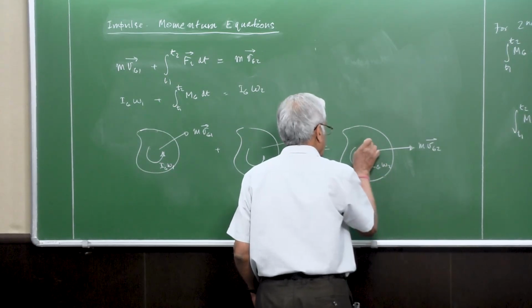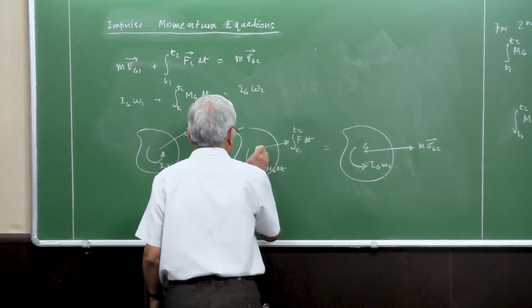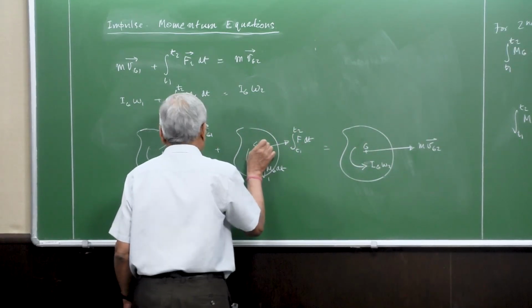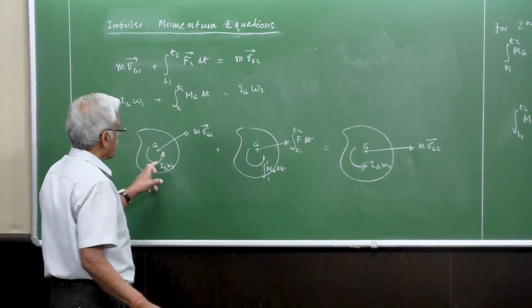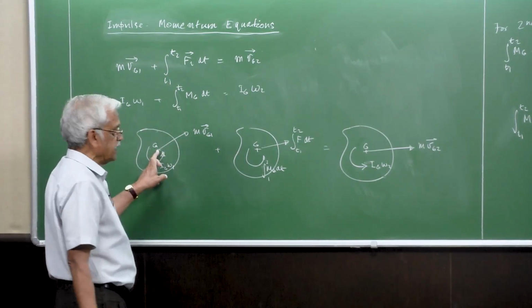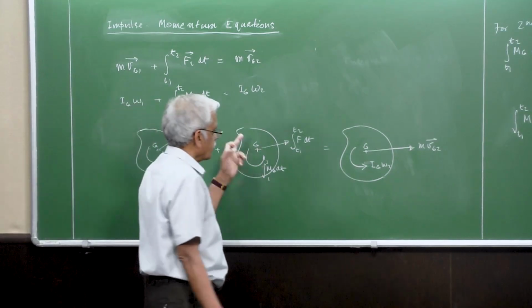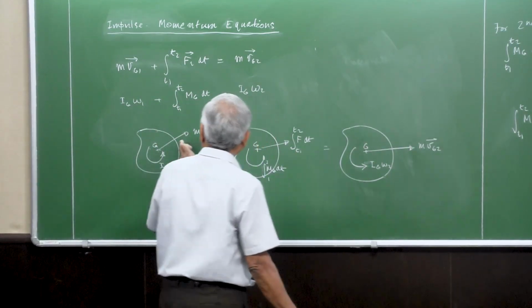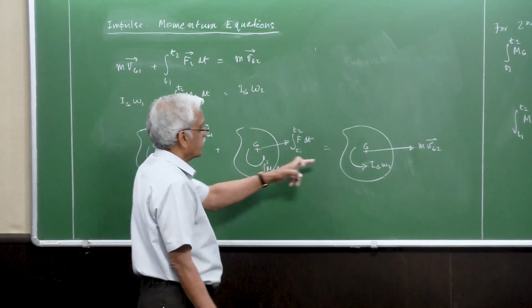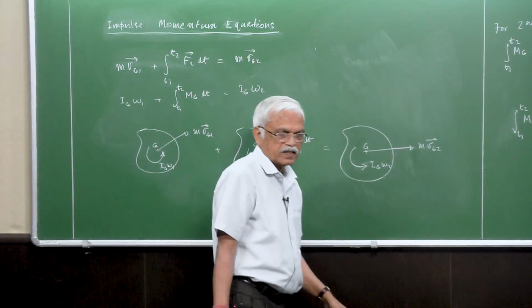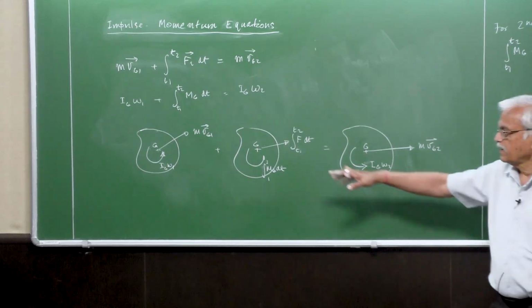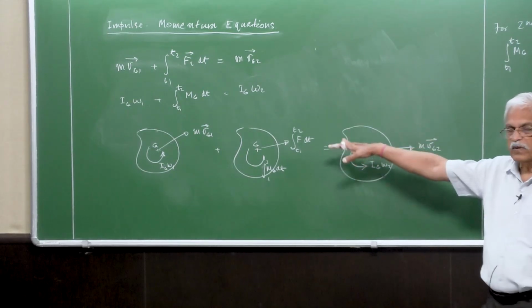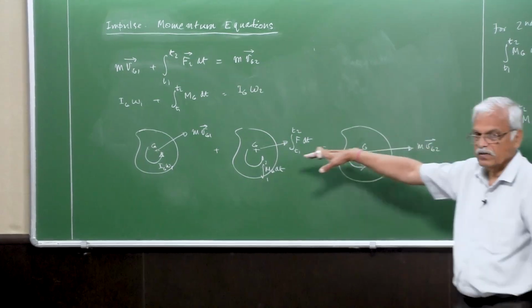So why do we show it in this manner? This linear momentum is shown at G, acting at point G, that means the whole mass is concentrated there. Similarly here it is shown at G. What essentially this means is that this is much more than a simple equation.